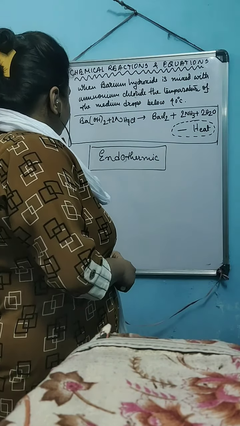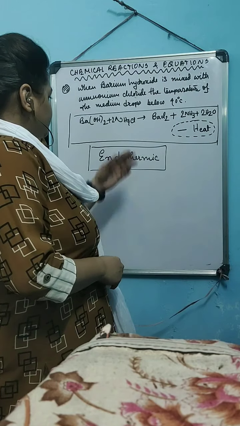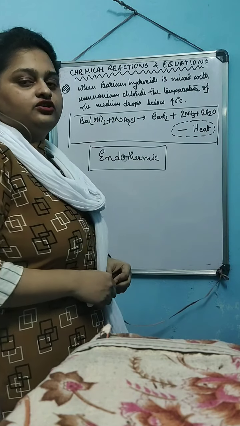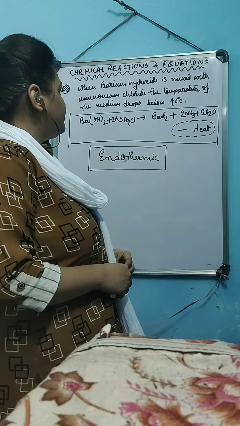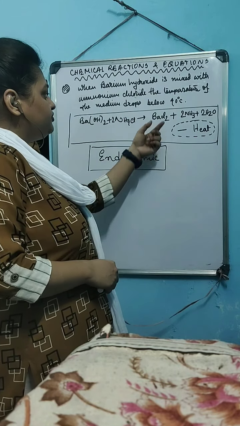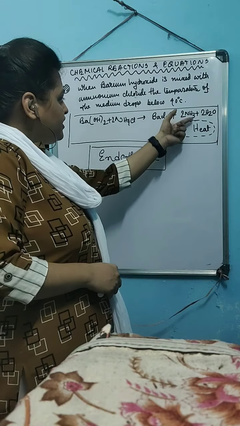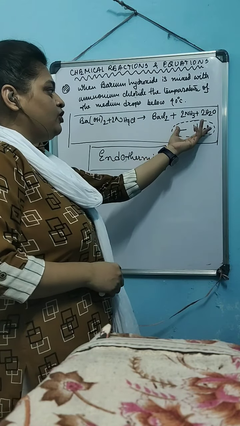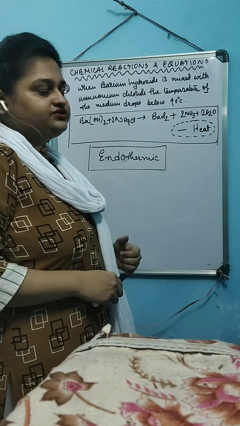The next example that we are going to study is a very good example of an endothermic reaction. We have taken barium hydroxide and mixed it with ammonium chloride. These two react to produce barium chloride, ammonia and water, and some amount of heat is absorbed in this reaction.